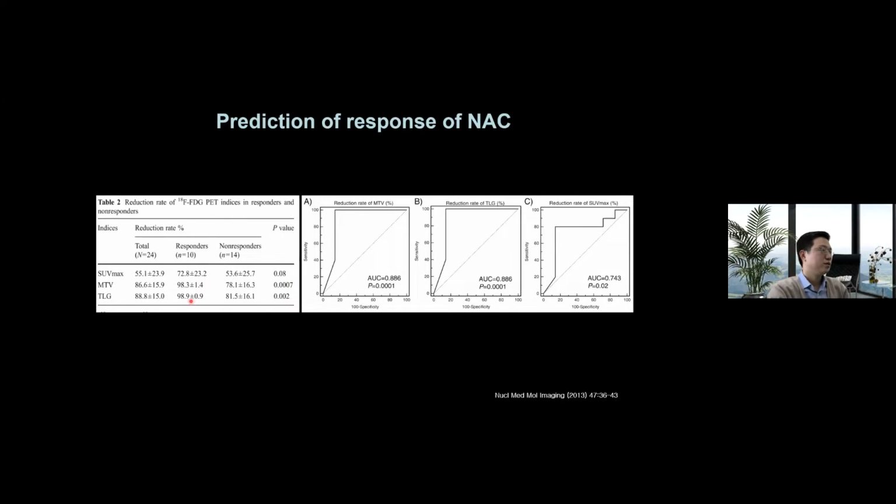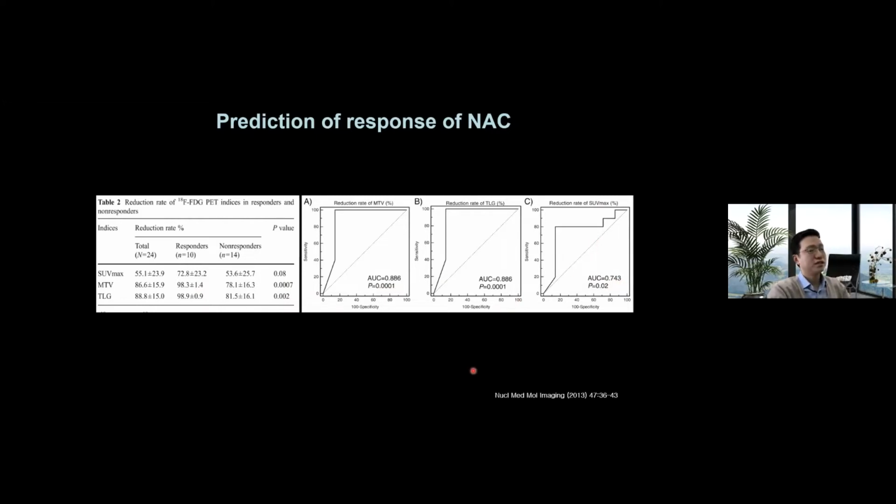And those parameters were effectively able to predict the responders and non-responders with an area under the curve of 0.886 and 0.743 for SUV max.